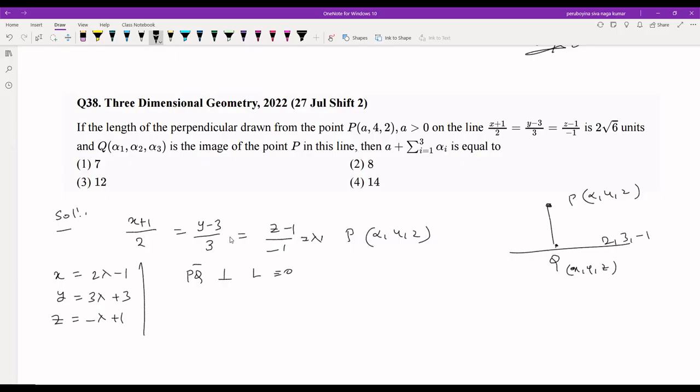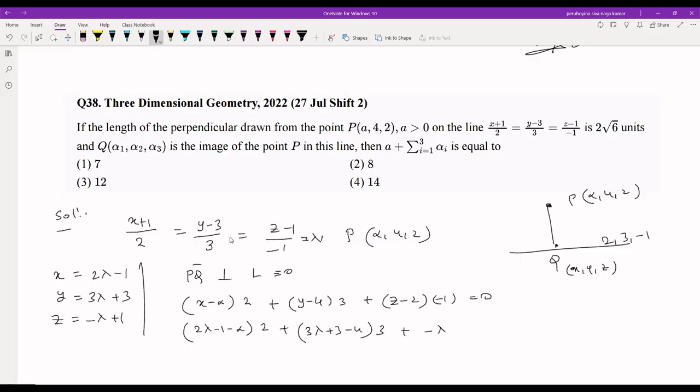So what are the PQ DRs? They are (x minus alpha) into 2, (y minus 4) into 3, (z minus 2) into minus 1, which should be 0. What is x? 2 lambda minus 1. So (2 lambda minus 1 minus alpha) into 2, plus, what is the y value? (3 lambda plus 3 minus 4) into 3.